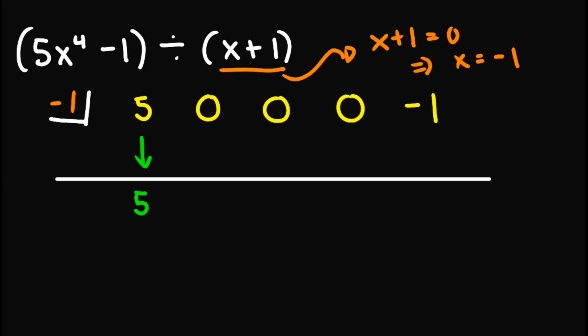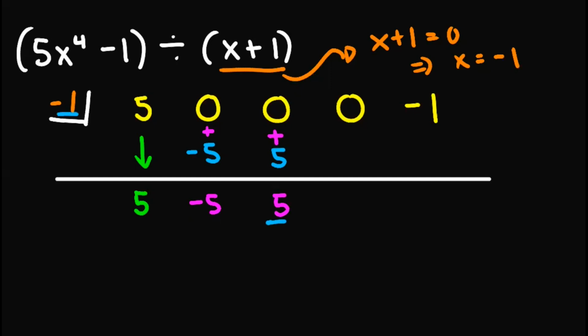And then, negative 1 times 5. That will give us negative 5 out here. Adding this to 0, 0 plus negative 5 will give us negative 5. And then we'll repeat this process until we arrive at the last number. So negative 1 times negative 5, that will be 5. 0 plus 5 will give us 5.